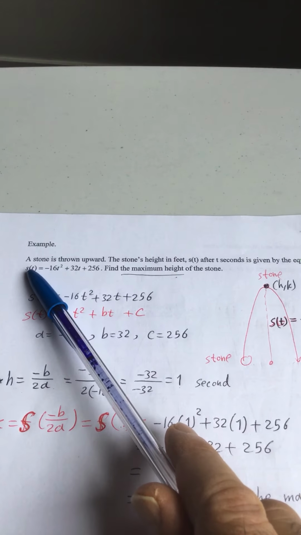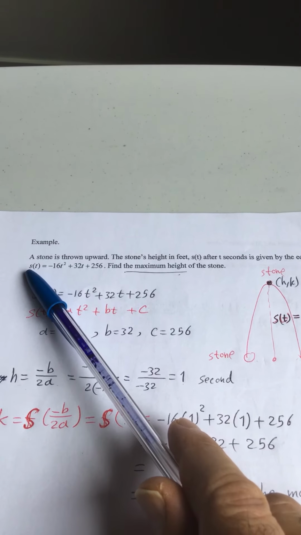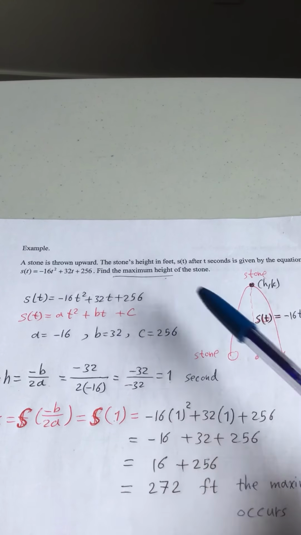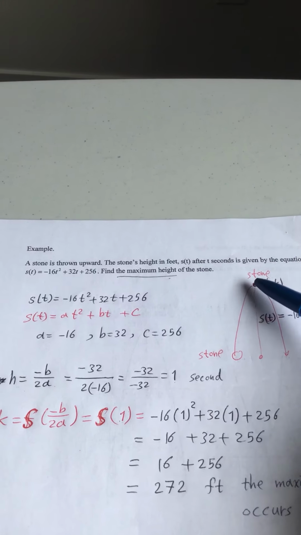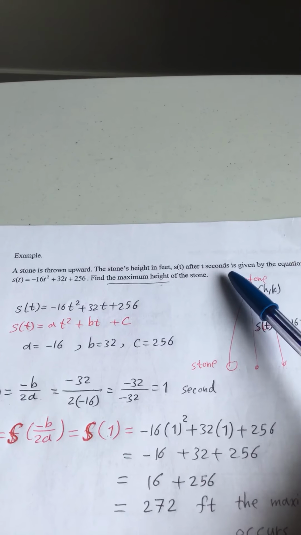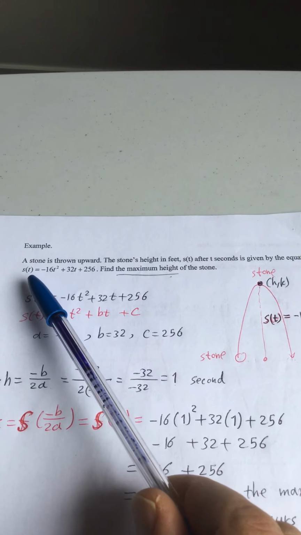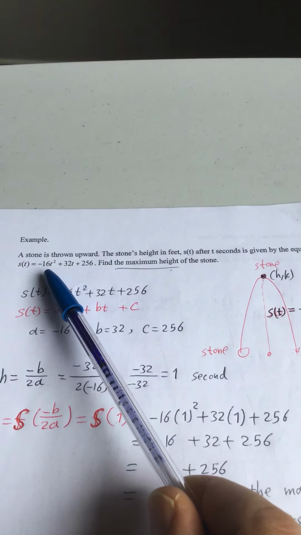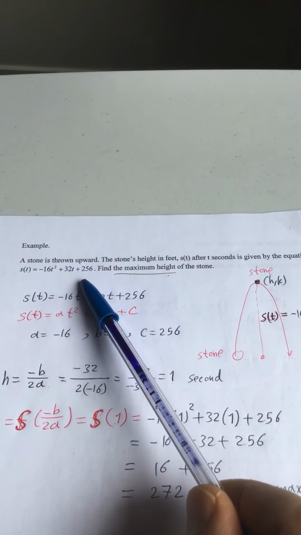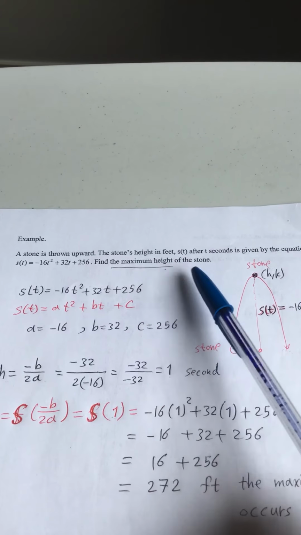Here s is instead of f and t is for x. The equation is s of t equals negative 16t squared plus 32t plus 256. Find the maximum height of the stone.